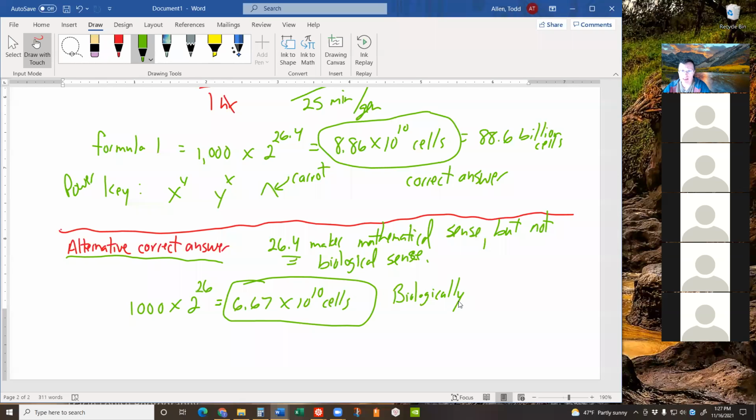Even if it's 26.7, right? 7/10 of a cell doesn't make any sense either. So round down to a complete generation for your calculation. Okay, but honestly, if this was the problem on an exam and you gave me either of these answers, I would give you full credit for it.